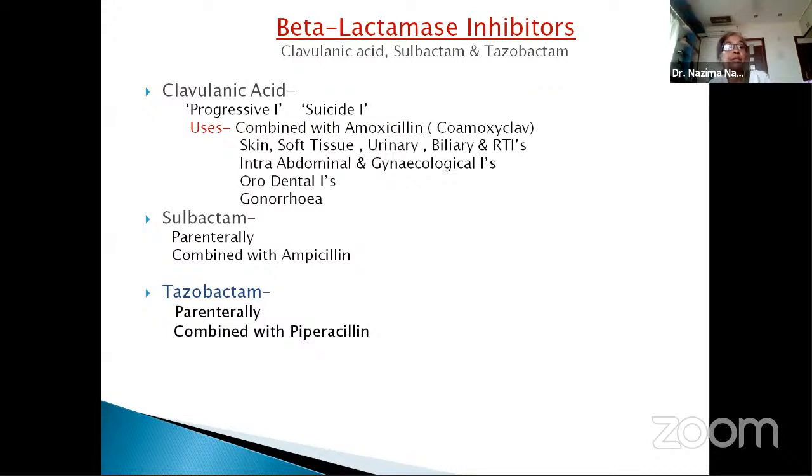Coming to the uses of clavulanic acid. Clavulanic acid generally is combined with amoxicillin, the combination which is called co-amoxiclav. Now, this combination is frequently used in a variety of conditions. The uses are multiple.